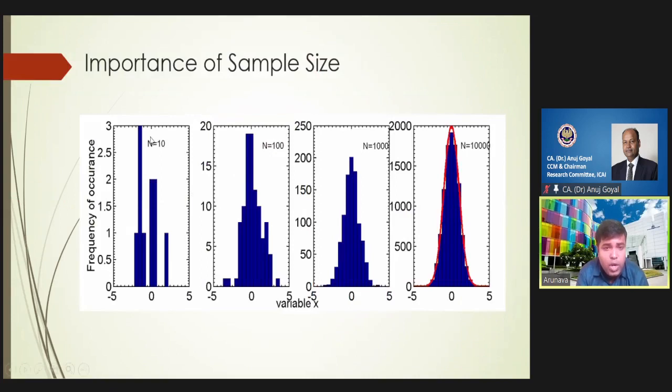When we have a sample like n equal to 10 here, it is not exactly representing the overall population, and there are differences because the sample size is small, right? And then we have taken n equal to 100. It is a little bit representing, but there are differences. N equal to 1000, right?